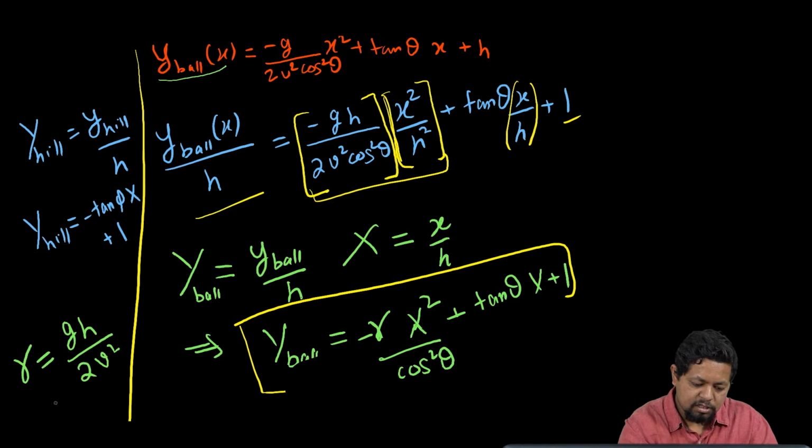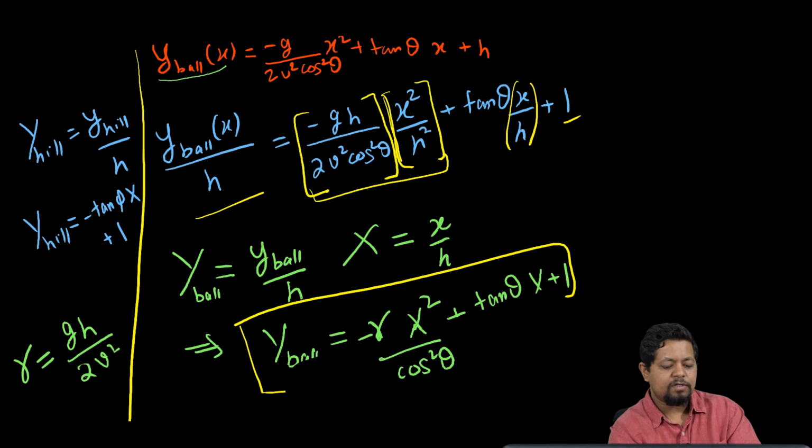Gamma is just a measurement of gh over v square. g is the universal constant, h is the height of the hill and v is the speed with which we throw the ball, and gh over v square is a dimensionless quantity. So it is a measure of the inverse square of the velocity of the ball.